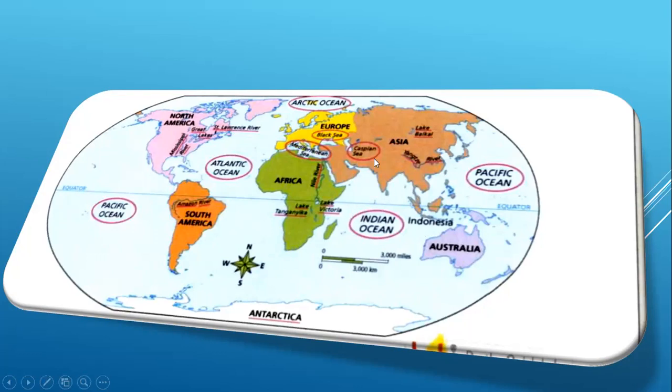We have India here. So in this area, that's the Indian Ocean. And also we have the Arctic Ocean, which is in the North Pole. And that's most of the time frozen water.